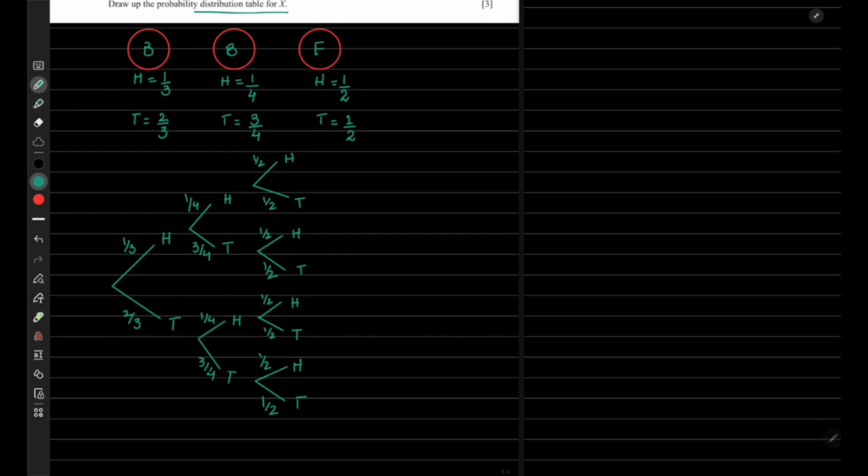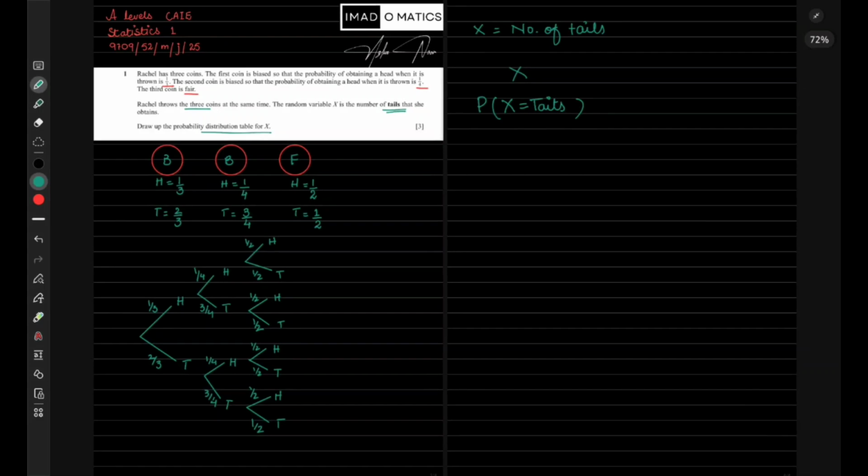So this is your tree diagram representing that 3 coins are thrown at the same time. Now we need to make the probability distribution table. What are the chances of getting a head or a tail?